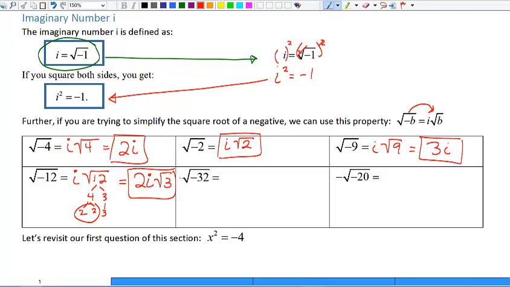Now I have in some textbooks seen 2 times the square root of 3 and then i behind it. This is totally okay, but I'll tell you why I prefer to put the i in the front. Let's say you were just really sloppy that day and you were just writing your square roots, but they went a little long. Well, if your square root went a little long, that's wrong. The i cannot be underneath the radical.